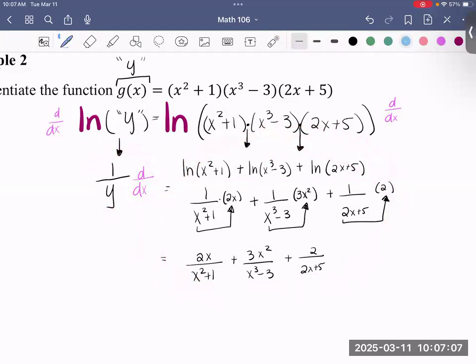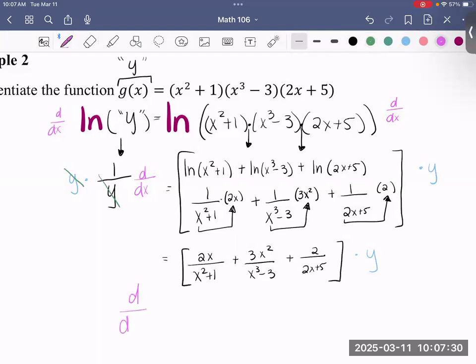So in this case, let's go ahead and multiply y to the other side, times y over here. And this whole thing is being multiplied by y. That way it allows us to cancel it with one side. And so this whole thing is d over dx.